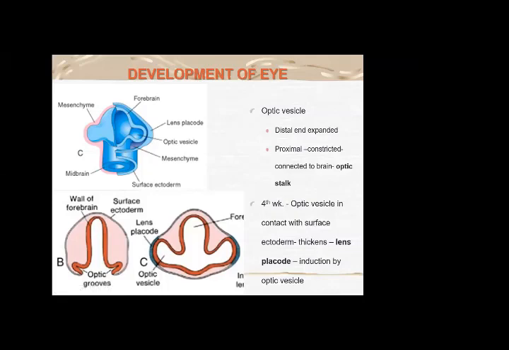This lens placode is formed because the optic vesicle induces the overlying ectoderm to proliferate, become thickened and develop into a lens placode. We'll do this a little later, but this is how the development of the lens begins.